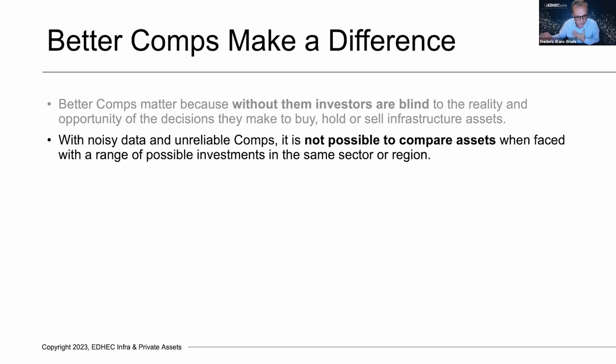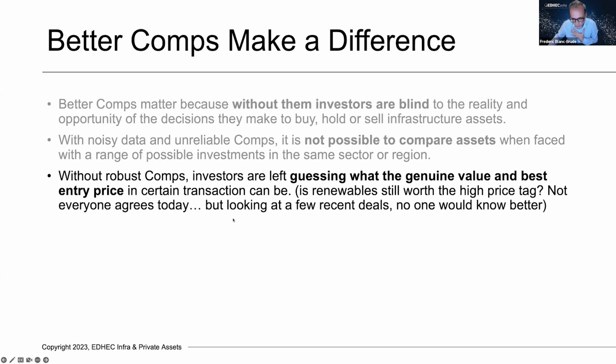I've heard this story many times, like, oh, we have these 5 wind farms. Guess why we picked that example? Which one should we invest in? Without reliable comparators, it's very hard to do. If you don't have robust comparators, you're left guessing what the genuine value of the asset and the best entry price might be.